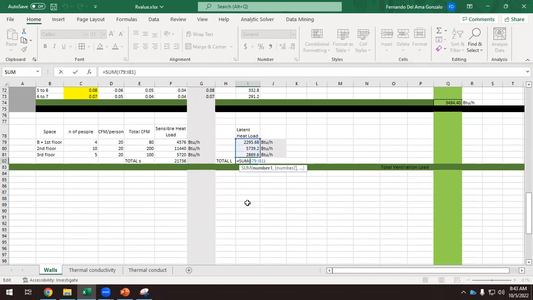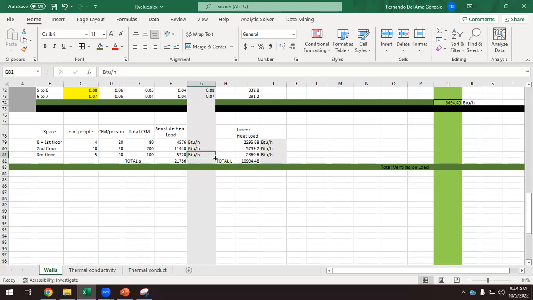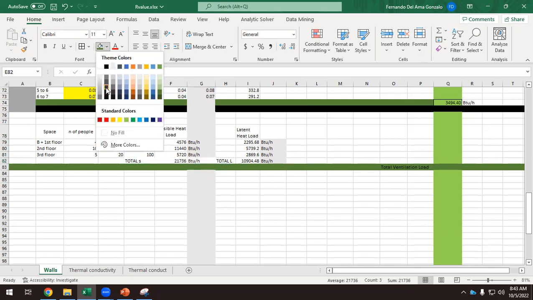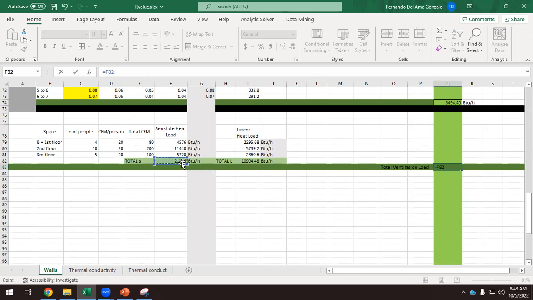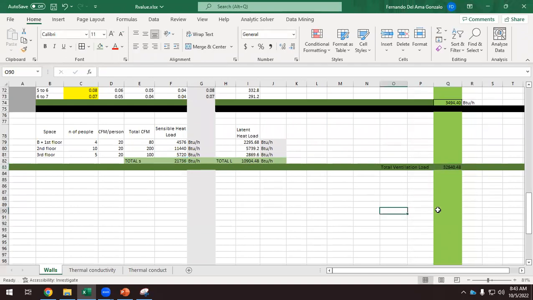This is the sum of all. And don't forget the units. The units are always BTU. If this is the total, I highlight it. We have total sensible, the total latent, and what's the total ventilation load? It's just this plus that. There you go.